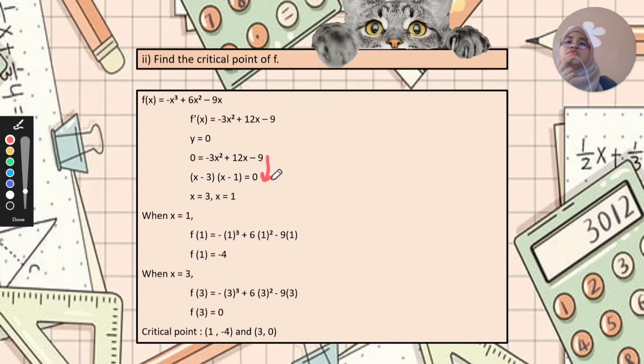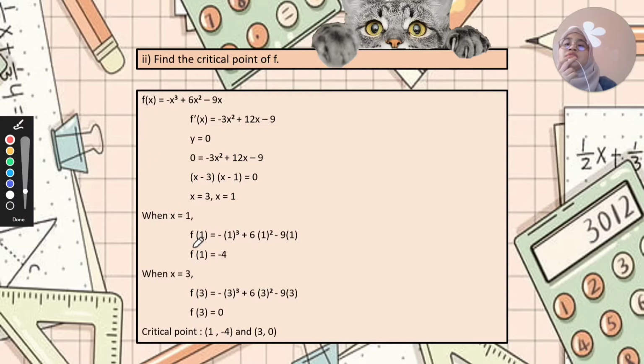To solve this equation, we must use the calculator for EQN, and then we'll get x equals 3 and x equals 1.